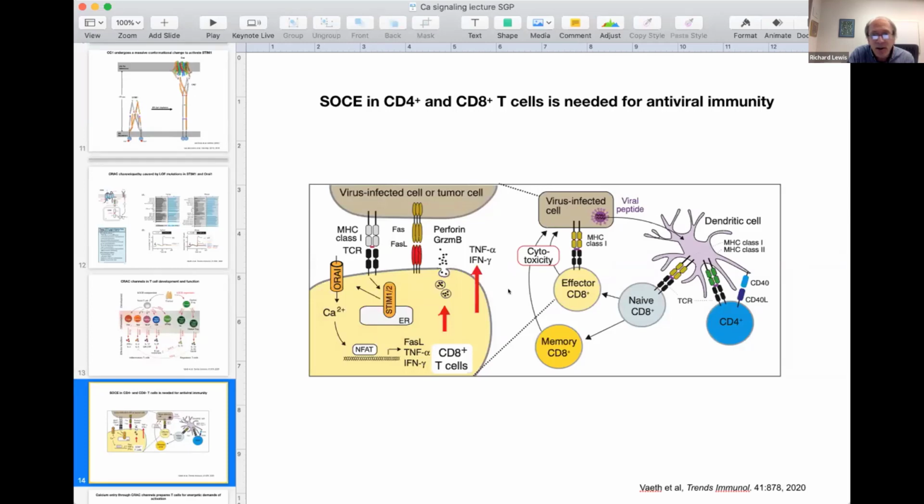Strong suppression of store-operated calcium entry also interferes with the generation of effector and memory CD8 positive cells. And all of this conspires to make acute viral infections chronic, which is another characteristic of human patients with the CRAC channelopathy.